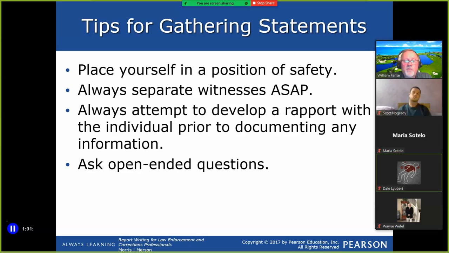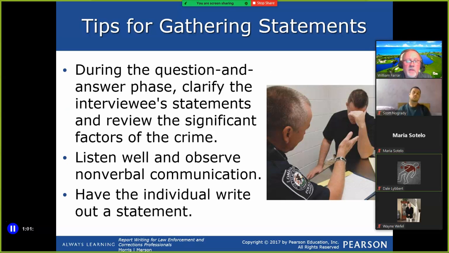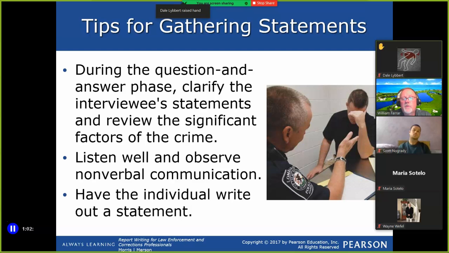And then you can always turn back around and focus in on more detailed questions. During the question and answer phase, remember to clarify a person's statements and review those significant factors. Listen really well, observe nonverbal communication, and you can have somebody write out a statement, but you may have to follow up with some more direct questions after that.